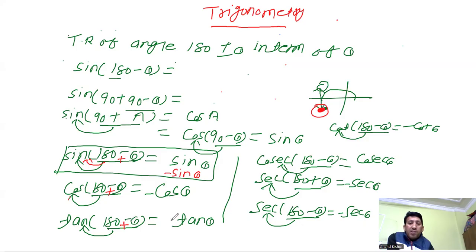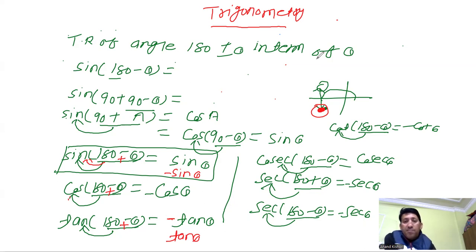Tan 180 minus theta was minus tan theta. Tan 180 minus theta, second quadrant, tan negative, so it is minus tan theta. And for 180 plus theta, the third quadrant, in the third quadrant tan is positive. So tan theta.